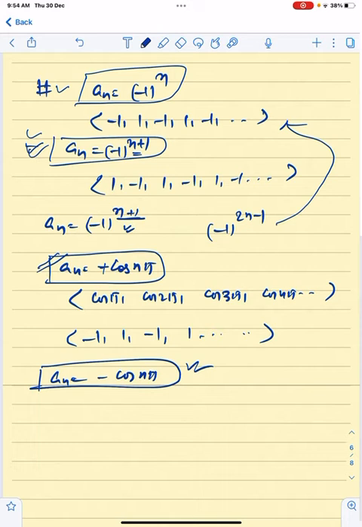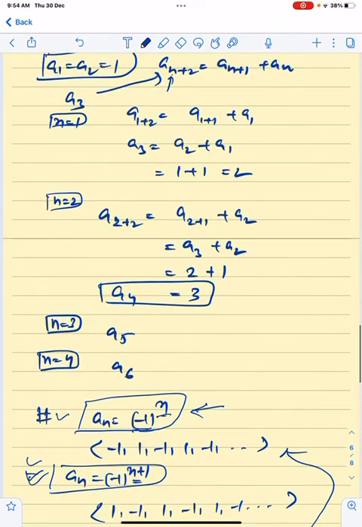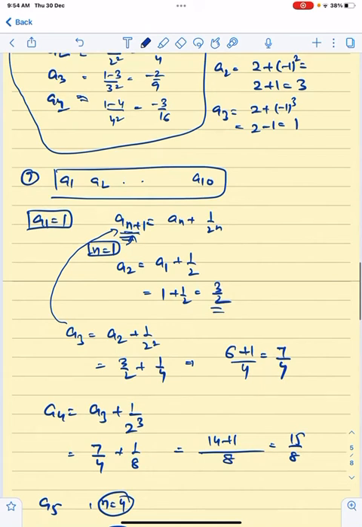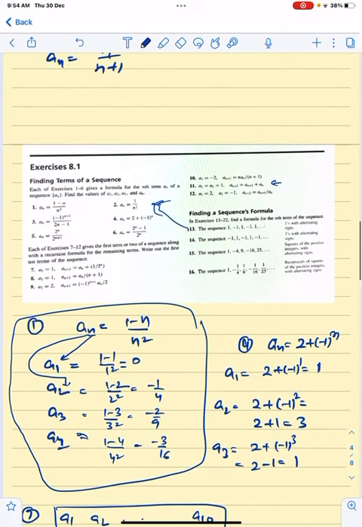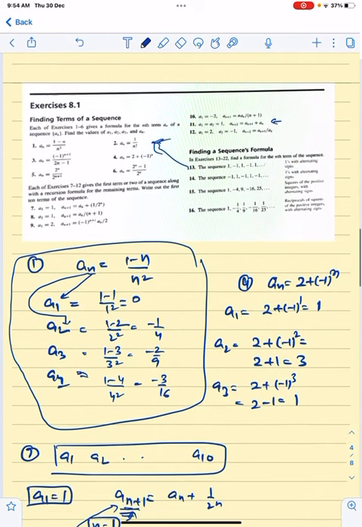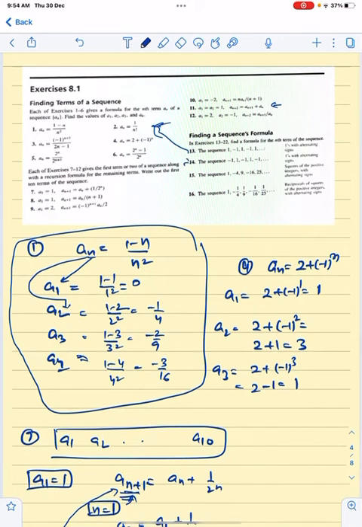So whenever you have alternation, you must keep in mind that you have this factor there, minus 1 raised to a power. The power depends on whether you have a minus sign in the first place or in the second, right? Accordingly you can change the n, and either put n or n plus 1, or 2n minus 1, 2n plus 1. So that is what is given in the second question, right?